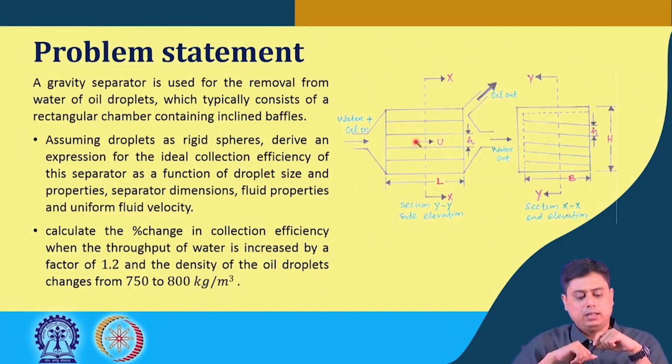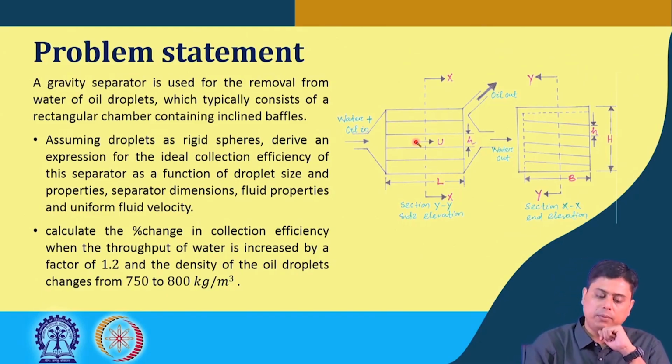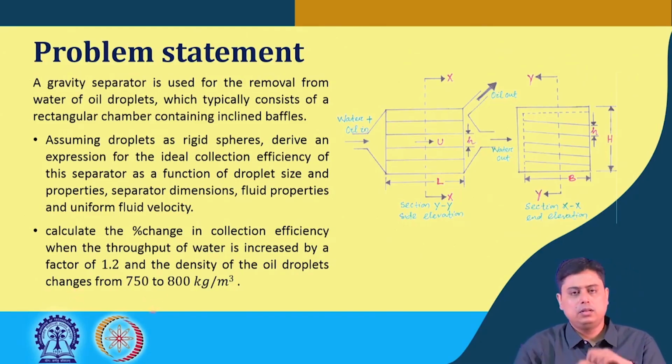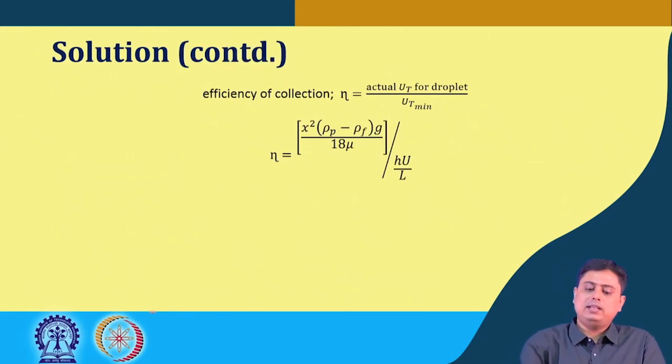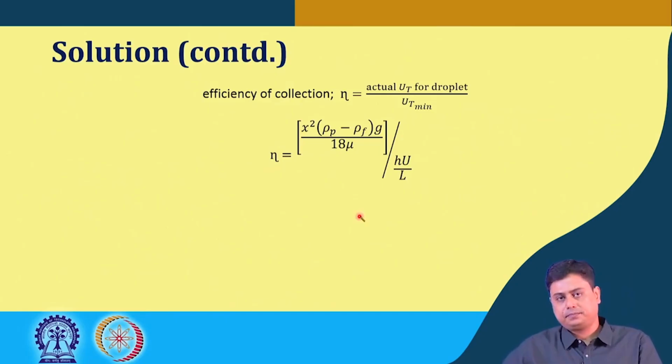The second part is to calculate the percentage change in collection efficiency when the throughput of water is increased by a factor of 1.2 and the density of oil droplet changes from 750 to 800 kg per meter cube. So, we have to calculate this efficiency percentage change from this expression.